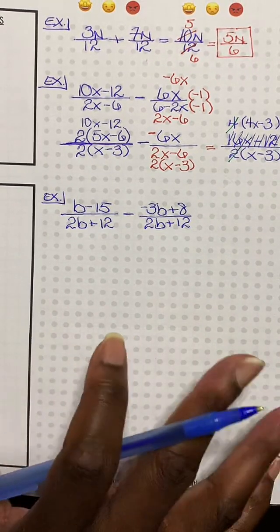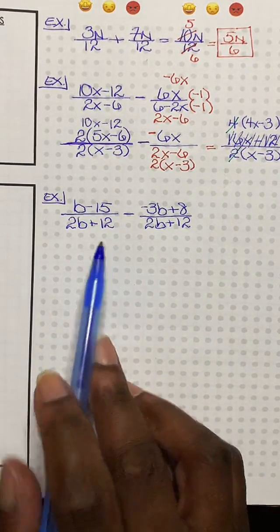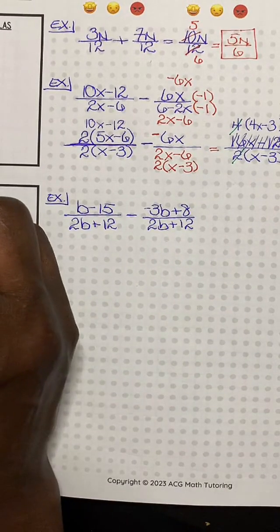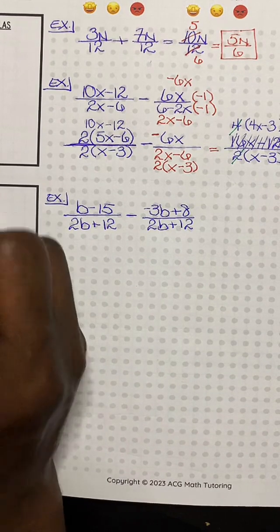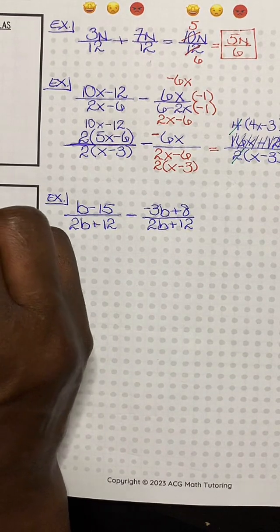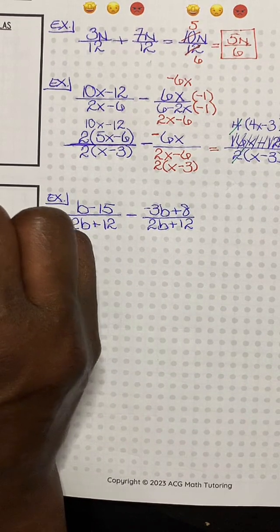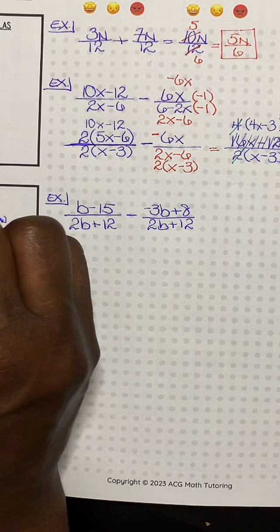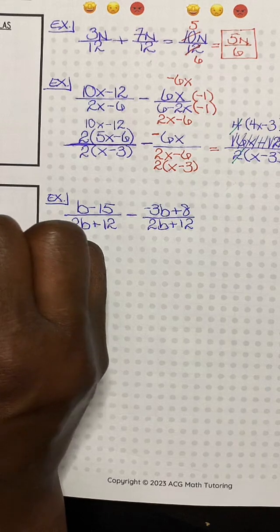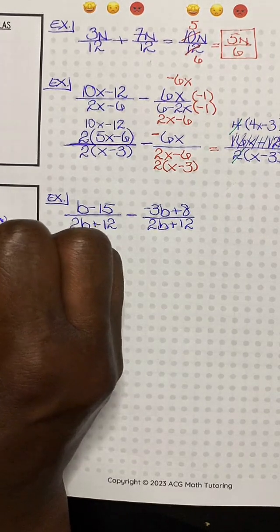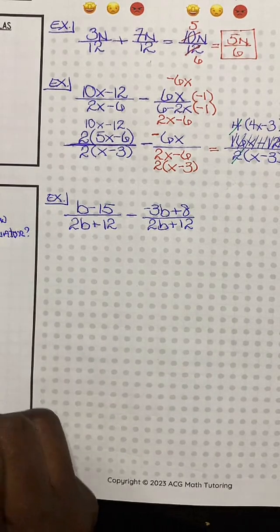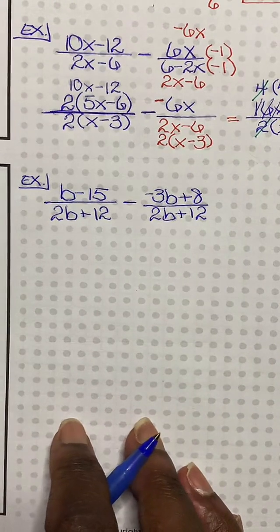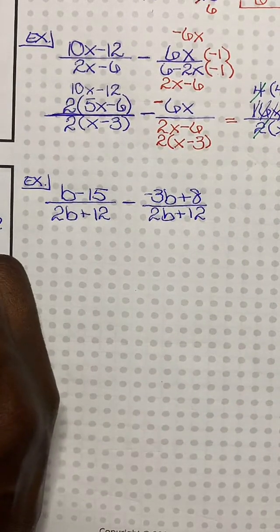So here's the thing. Let's take a look. First thing when it comes to this, step 1, do we have a common denominator? Always ask yourself, do you have a common denominator? If the answer is yes, go ahead and combine your numerator.